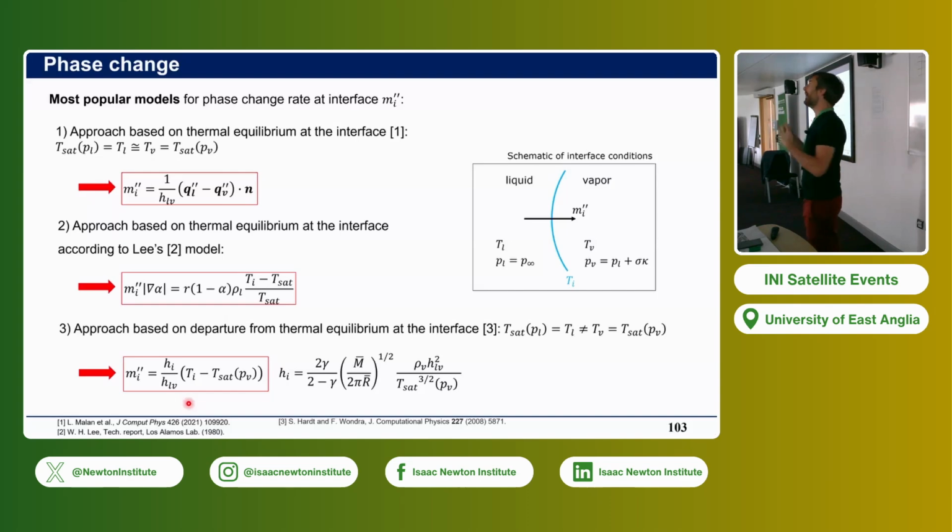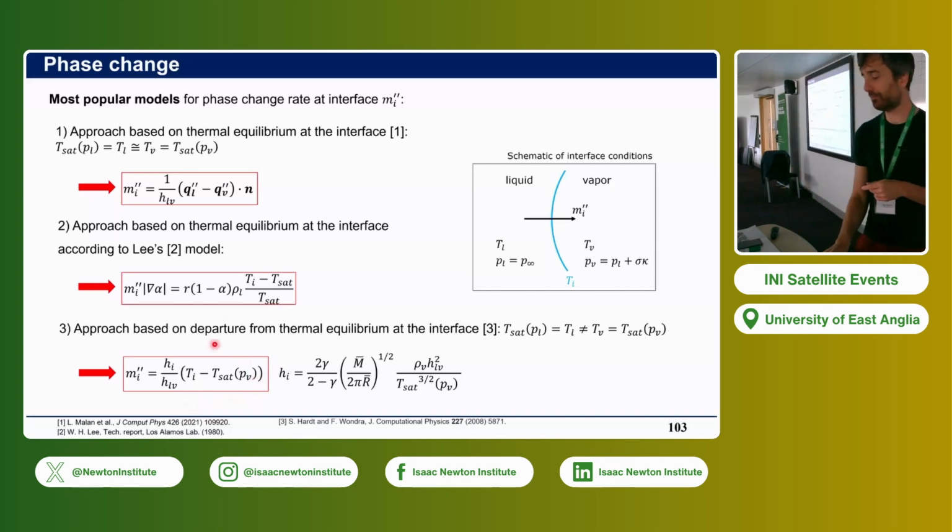And at the end of the derivation, with some simplifications, it has this expression here, which calculates the rate of mass transfer, still proportional to the temperature of the interface above saturation, but the constant of proportionality now has a physical meaning, and the physical meaning comes from the kinetic theory of gases.